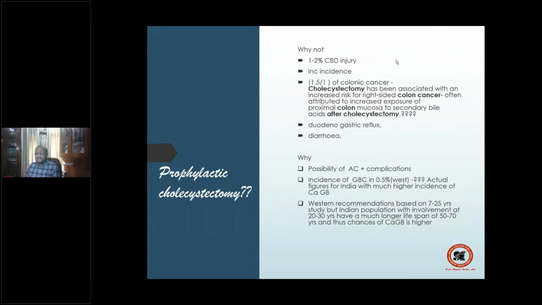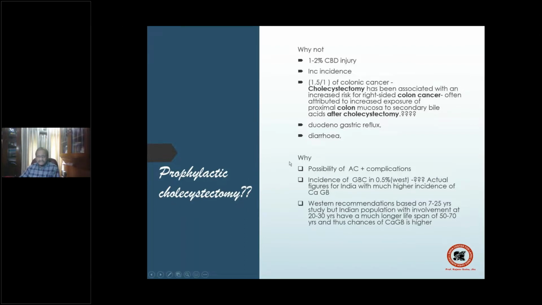That means post cholecystectomy colonic cancer is now a known entity. That means after your cholecystectomy, it alters the biliary salt metabolism in such a way that there is an increased incidence of colonic cancer. Duodenogastric reflux comes into play, and post cholecystectomy diarrhea. So these are the reasons put forward by opponents of prophylactic cholecystectomy.